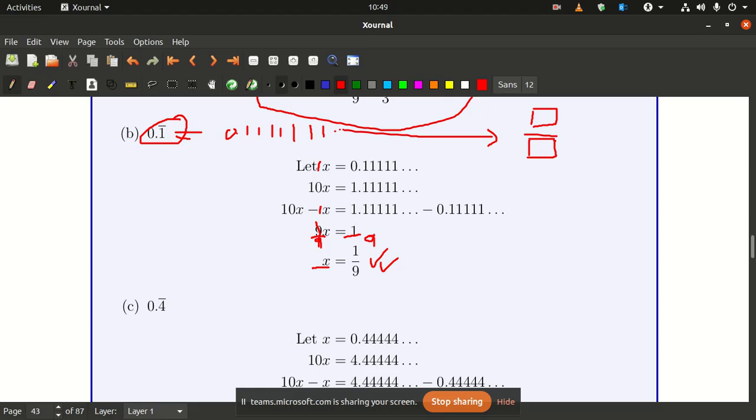Now, if we want to move from this to there, we want to make sure that we no longer have a decimal point. So we want to remove the numbers after the decimal point without changing this number. The first step is we let this thing here be our x. Why?